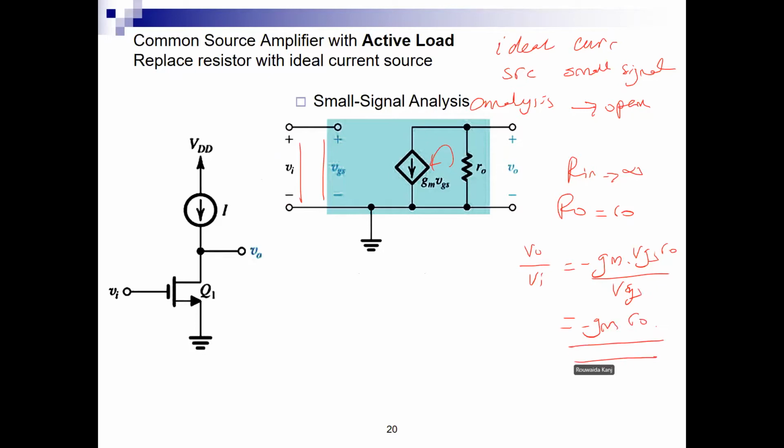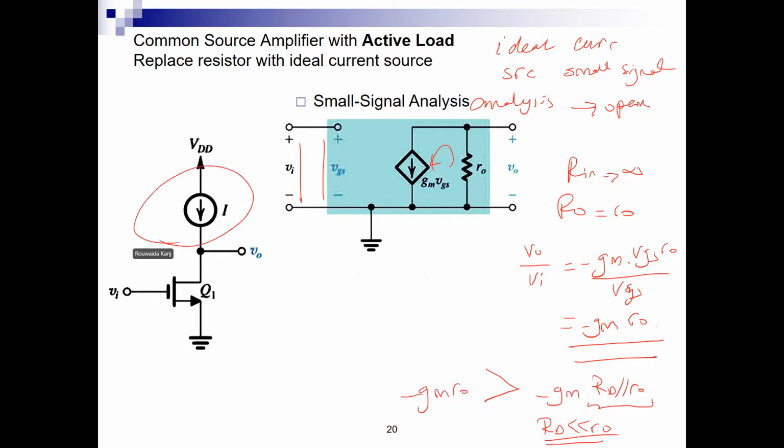Definitely this is greater than what I got before, which was gm times RD parallel RO, because when I place a pure resistor, I cannot make it too large. So this effective resistance, two resistors in parallel where RD is small, is definitely going to give me smaller gain than when I have an ideal current source plugged in here.